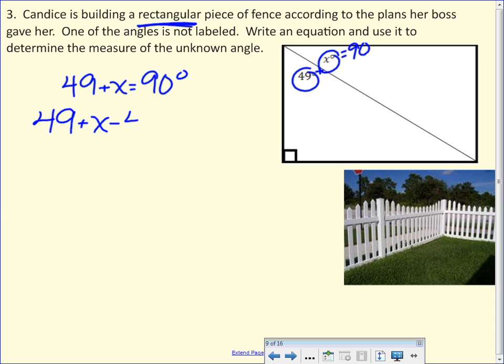I'm going to use my identity property to get the x alone. Whatever I do to one side, I have to do to the other side. So what's 90 minus 49? 41? 51? 41?